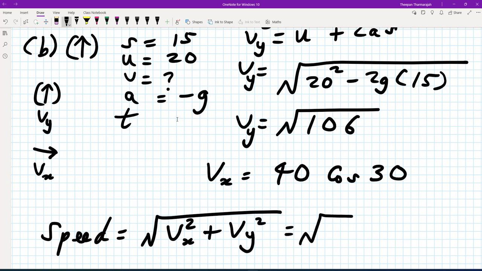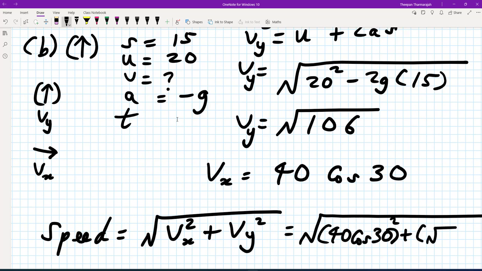So in our case, we are doing this calculation: 40 cos 30 squared plus root 106 squared.